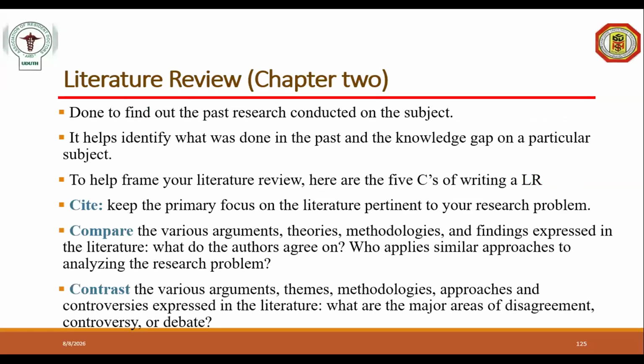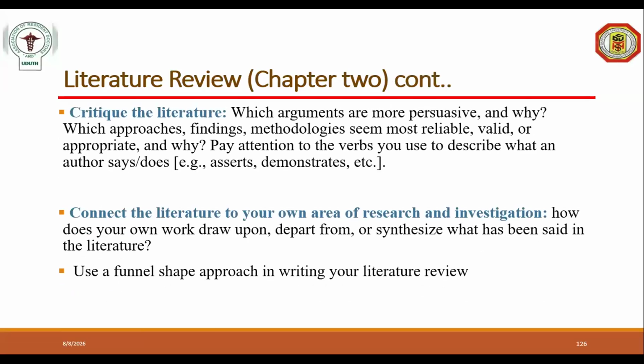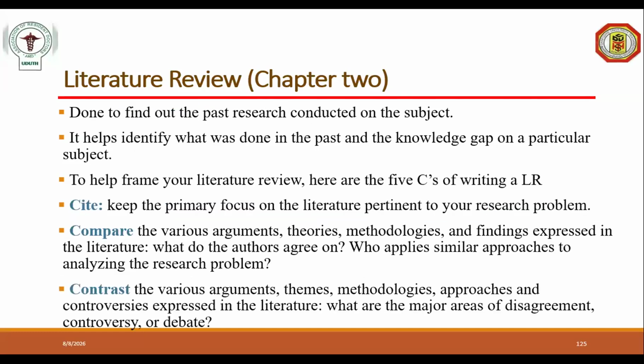To help frame your literature review, here are the 5 C's of writing a literature review. 1, cite. 2, compare. 3, contrast. 4, critique the literature. And then 5, connect the literature to your own area of research and investigations. So let me explain this.